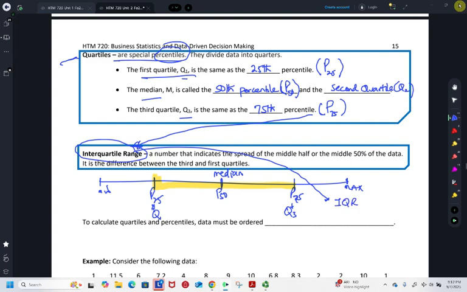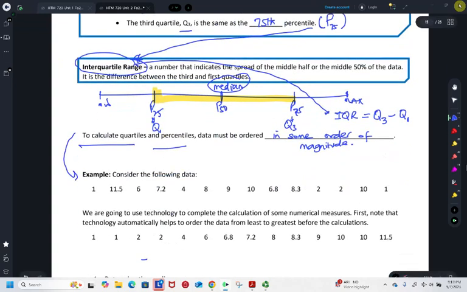So the interquartile range, written in short as IQR, is Q3 minus Q1, or 75th percentile minus the 25th percentile. To calculate quartiles and percentiles, just like the median, data must be ordered in some order of magnitude, from the smallest preferably to the largest.